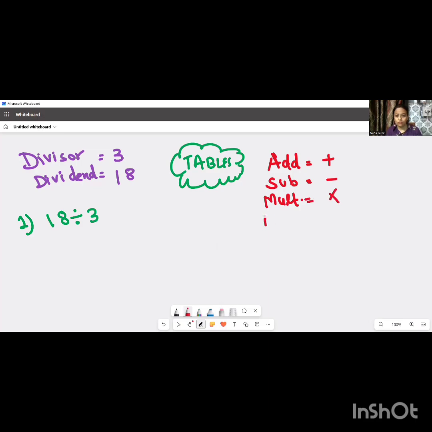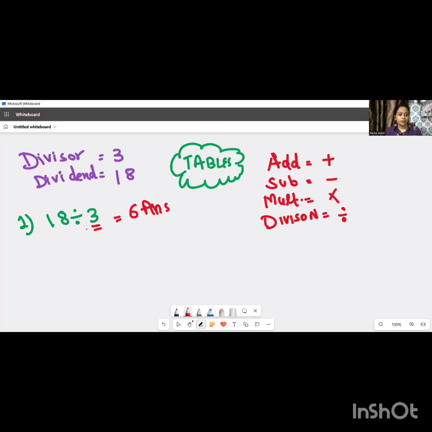For division also there is a symbol which represents that the question is of division. So in this case, just read the table of 3 till you get 18. We know 3 times 6 is 18, so our answer is 6.